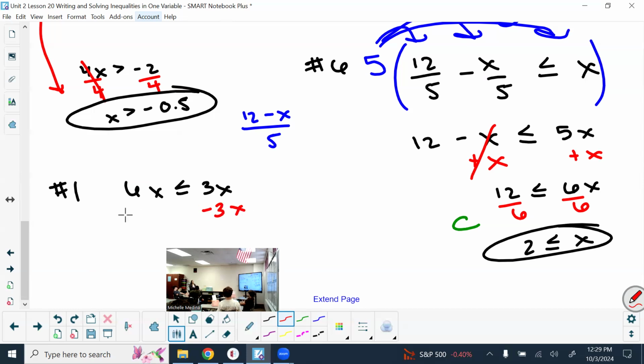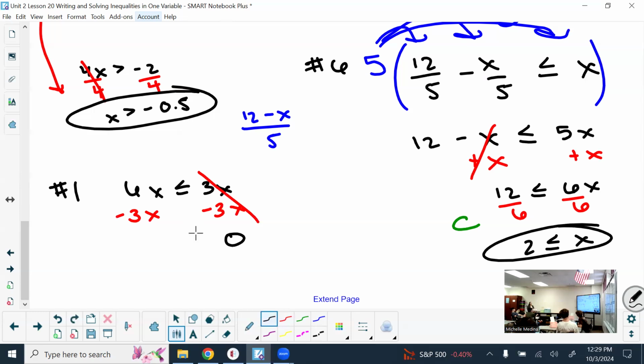Whatever you do on one side, make it cancel on one side. 3x minus 3x is 0. And I don't have anything else here. Normally, like if there was another number here, you could just write that number. When there's nothing at all, you put a 0. Because that's what it cancels out. What, 6x minus 3x?